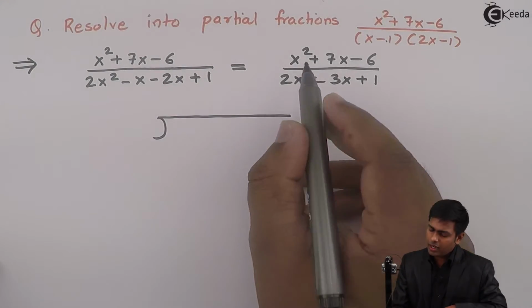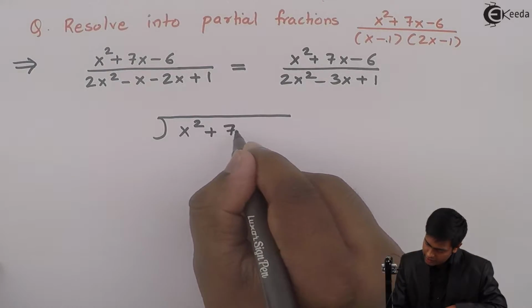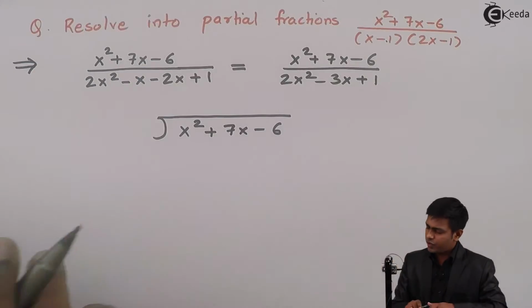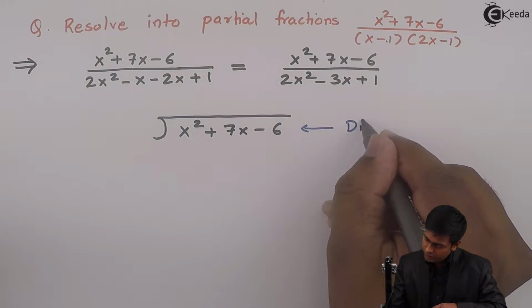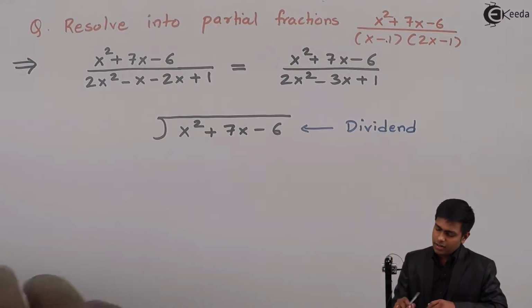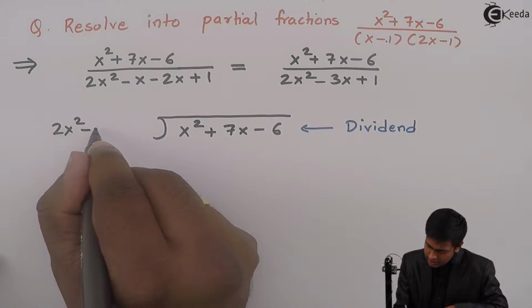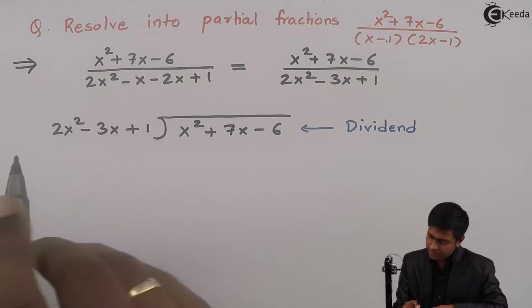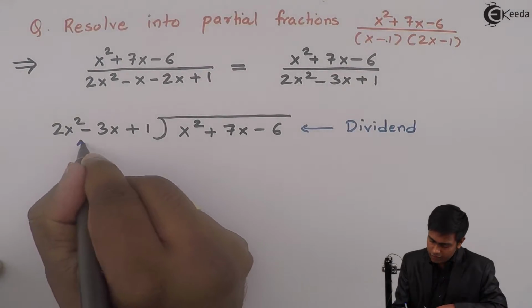So now the polynomial in the numerator is x² + 7x − 6, which we call the dividend. Next, the polynomial in the denominator is 2x² − 3x + 1, which is nothing but the divisor of our division.